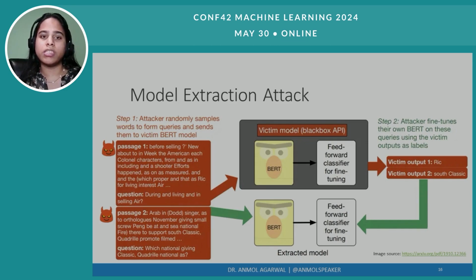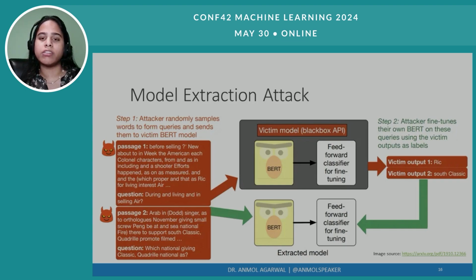Here you see in step 1, the attacker is randomly sending words to form queries and sends them to the victim model. If you read some of this, you'll see some of it doesn't make any sense. It just has certain words in the passage, like for example, Rick. If you send this to the victim model, it will output Rick. You could also send another passage and a question to the victim.